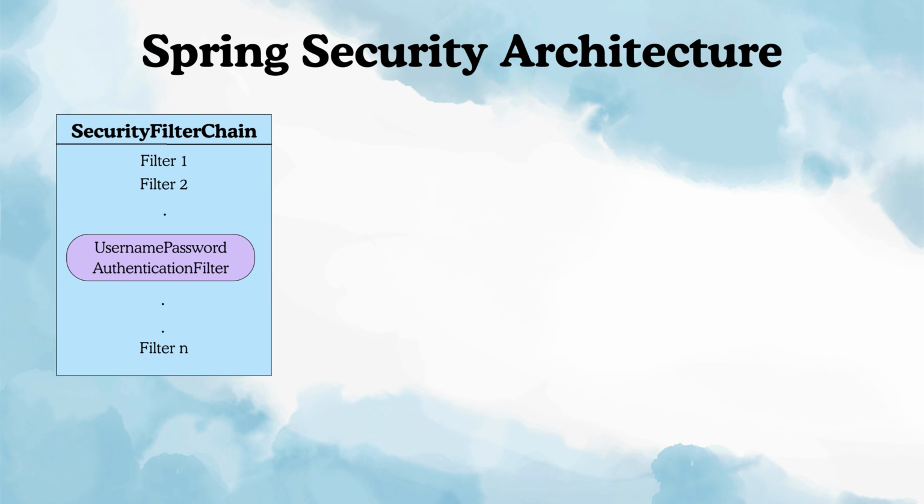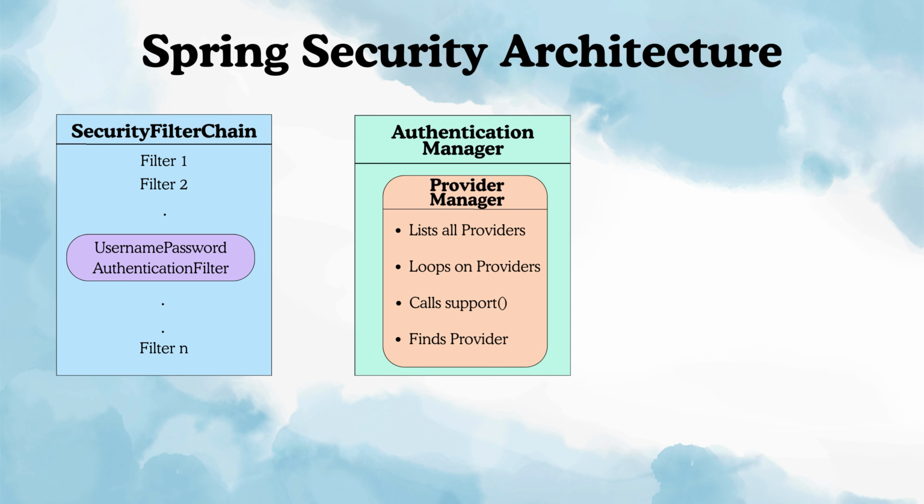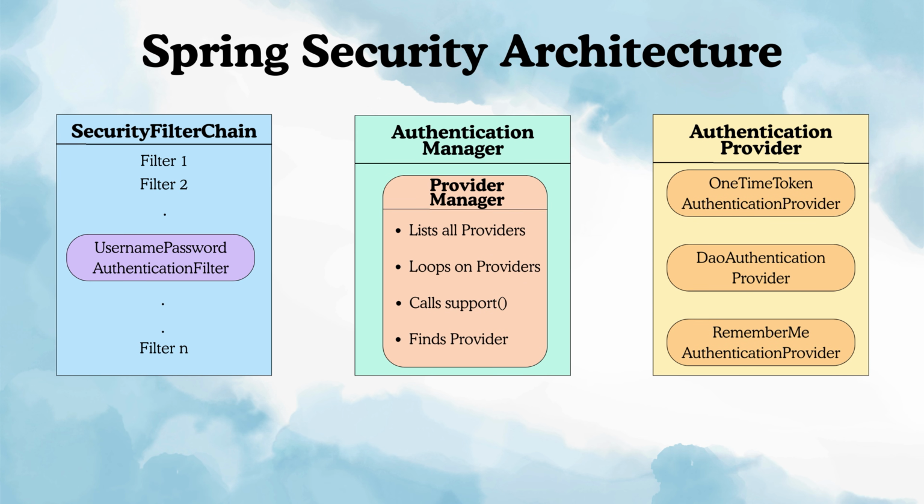Okay, that's it. Now if I go back to the architecture that I just discussed in the earlier video, there are three types of classes that come into play. There are filters, there is authentication manager, and there are providers. I have already told you about all this in my last video, but I'll quickly give you a brief over here as well. The filters are the classes where the request actually lands. So authentication starts from here. For a form-based authentication, we had this filter named username and password authentication filter.